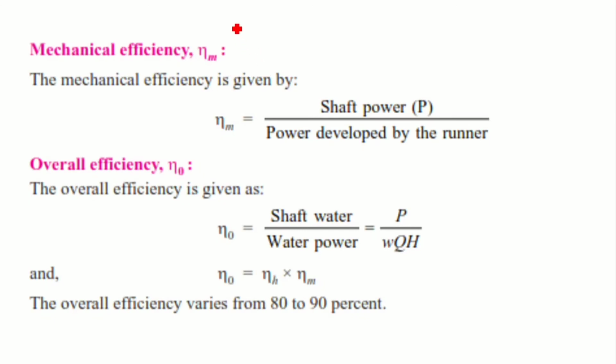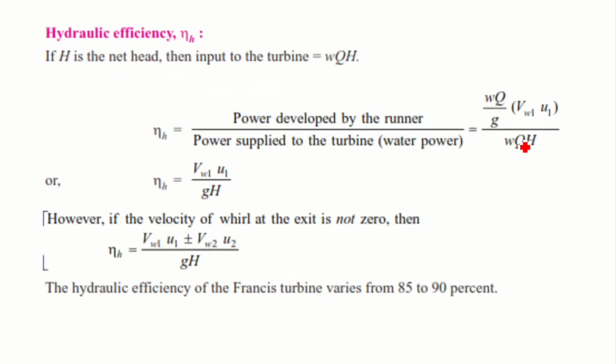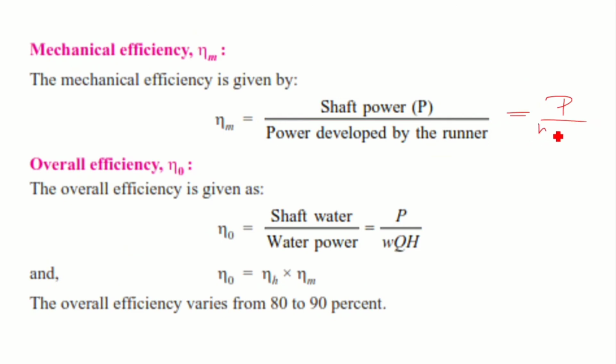Next, the term mechanical efficiency. The mechanical efficiency is the shaft power divided by the power developed by the runner. The shaft power is equal to P, and the power developed by the runner is WQ by g into VW1 U1. So P divided by (WQ by g into VW1 U1) is the mechanical efficiency.